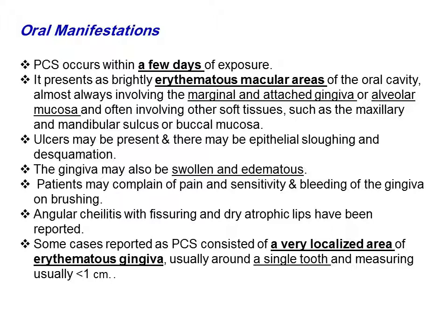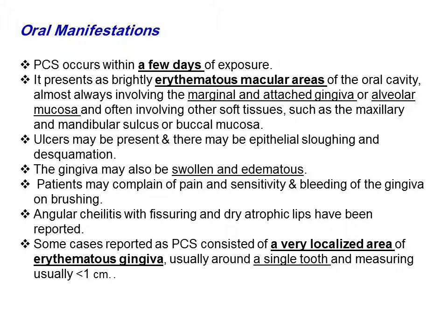Ulcers may or may not be present. Epithelial sloughing and desquamation may also be seen. The gingiva may be swollen and edematous. Patients feel pain and sensitivity, with bleeding of the gingiva on brushing. Angular cheilitis with fissuring and dry atrophic lips have also been reported.